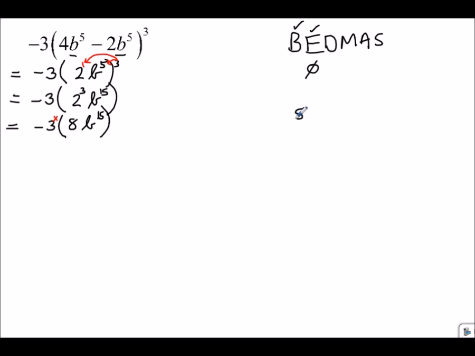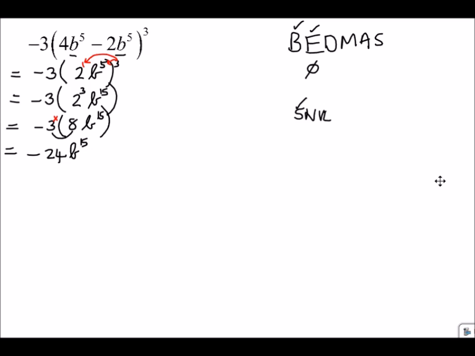So again, I'm going to deal with my signs, then my numbers, then my variables or the letters. So we will have a negative multiplied by a positive is negative. The numbers, 3 times 8 is 24, and I have B to the 15.